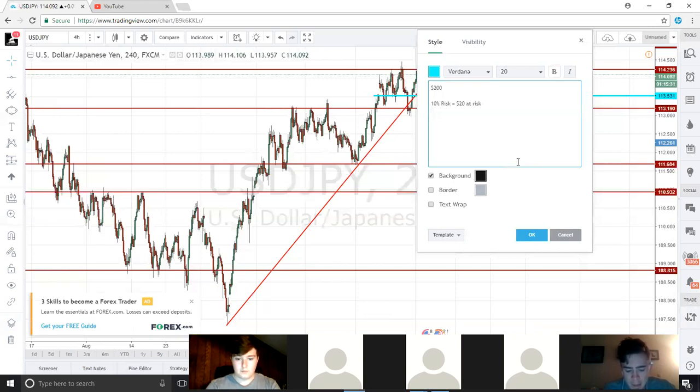So if you're trading a 0.01 lot size, you're risking $2 for every 200 pips, right? So every 200 pips, you're risking $2, right? For every 20 pips, if you're trading on a dollar lot, you're risking $20.